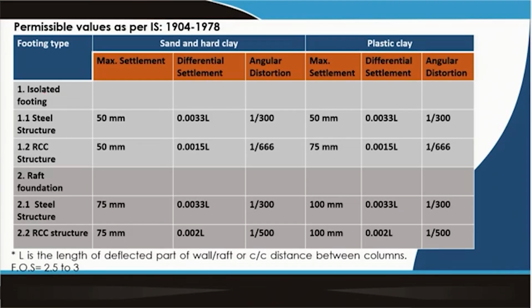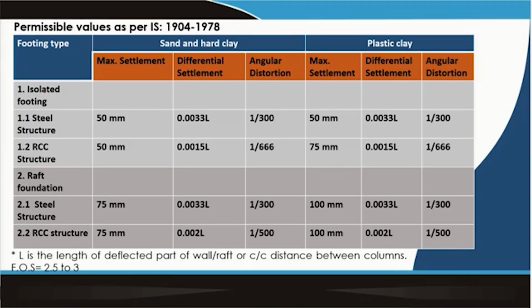Okay. So, these things we also have to check. If your soil type is different for different foundations, or the loading amount on different foundations is significantly different, then we have to also check the differential settlement and the angular distortion.